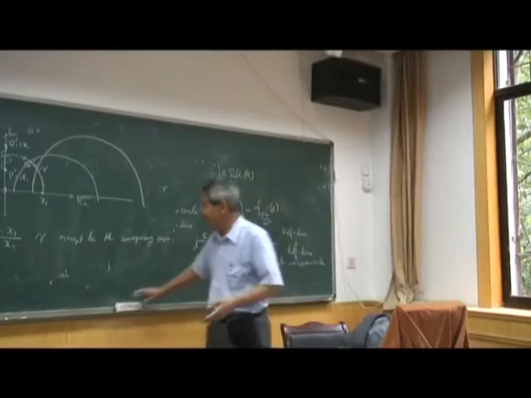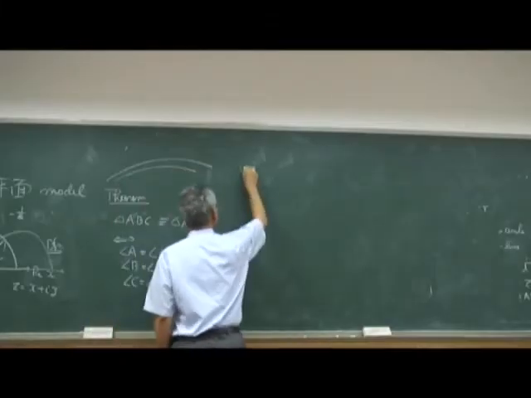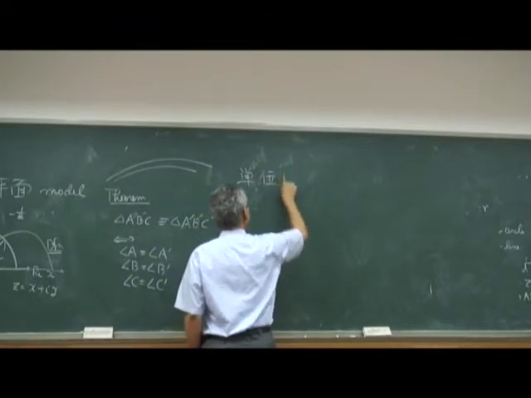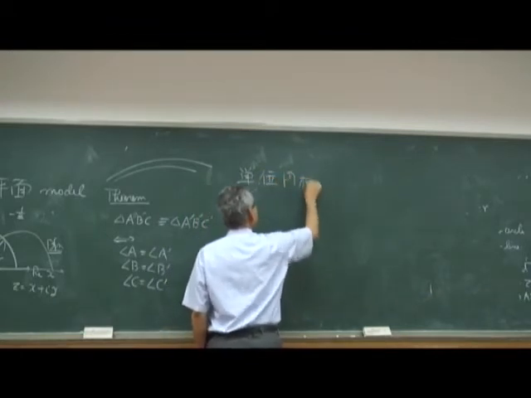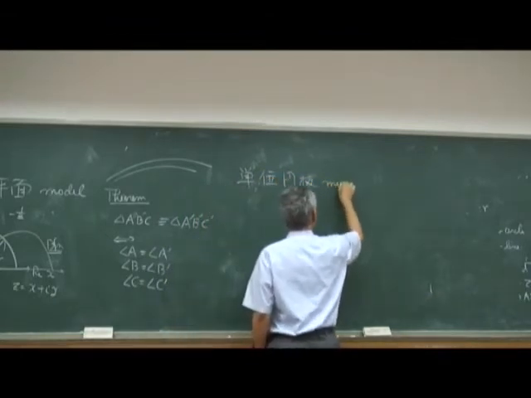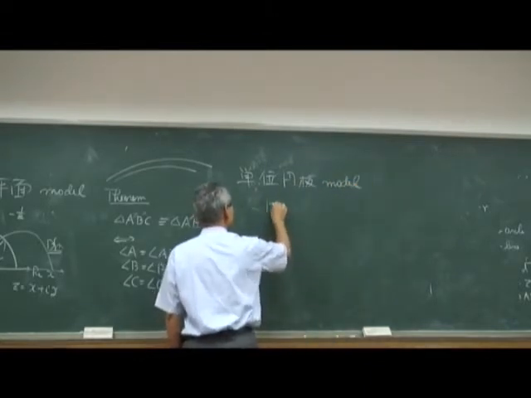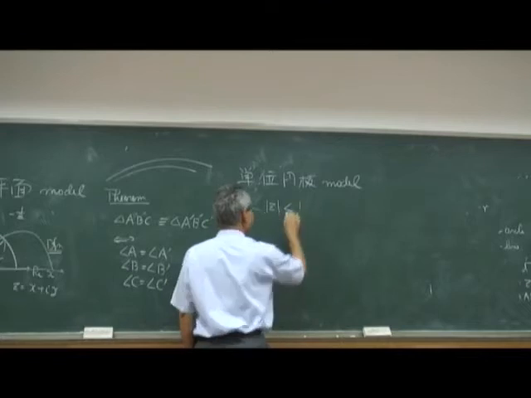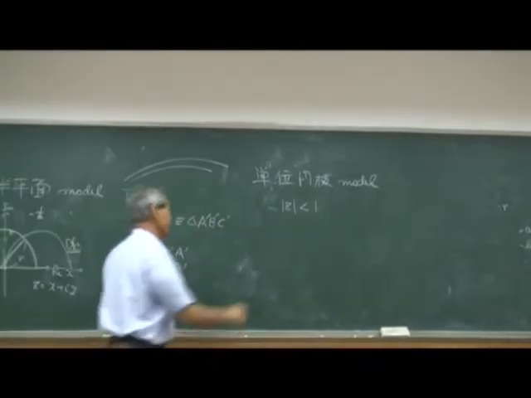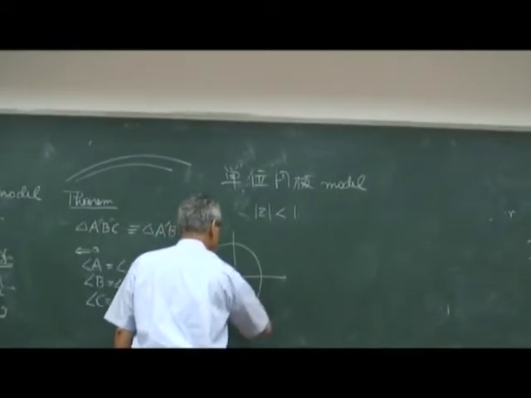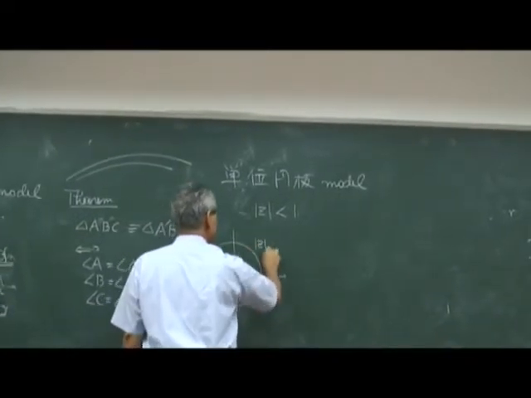And finally I have to show that this is basically equal to, I don't know what you use in China, the unit disk, which is defined like this. So inside of the complex plane, you have |z| equal to 1.